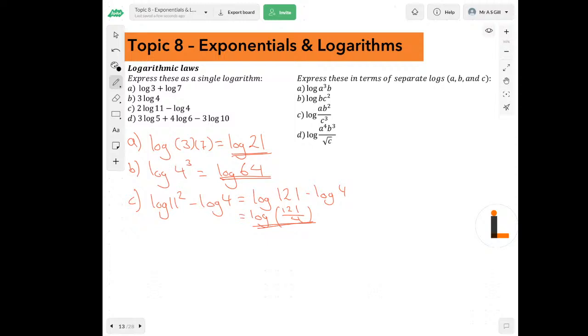And then part D, there's a number of things we have to do here before we can combine them.